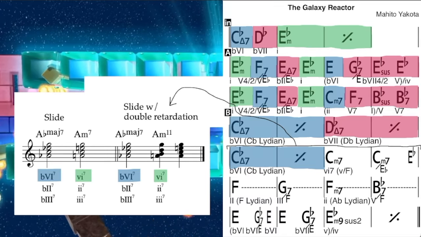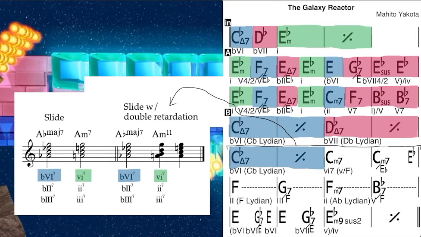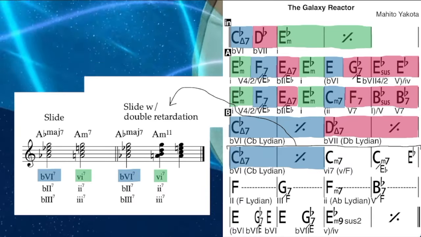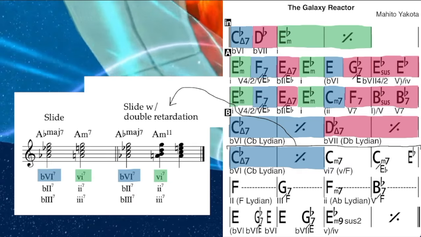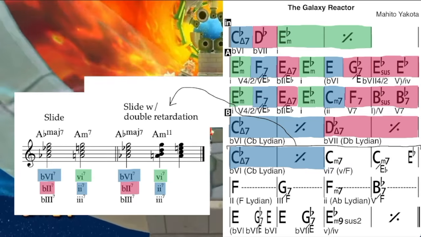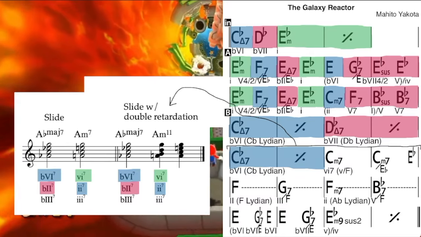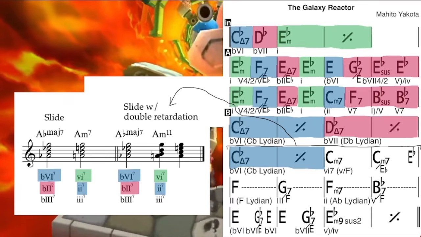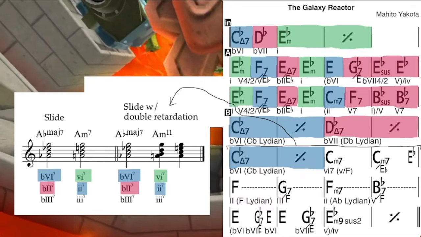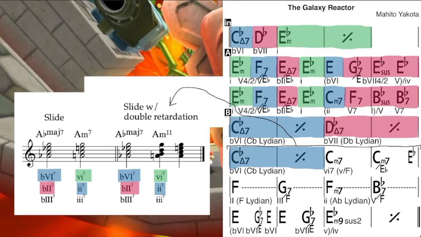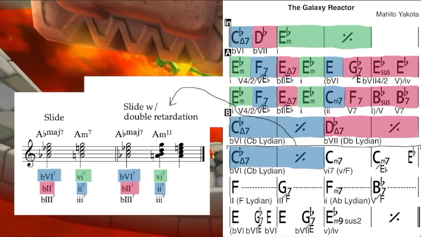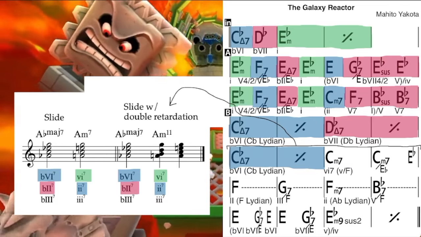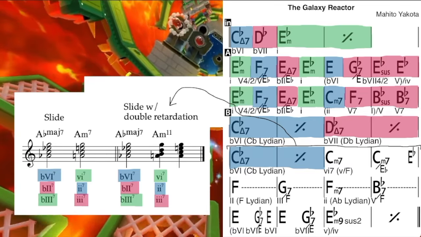With the double retardation, which is like a predominant chord going to a tonic function chord. That would be rather ambiguous, right? You could go flat 2 to 2. And that would be a dominant function chord going to a predominant, which would be regressive. That's it with the double retardation.